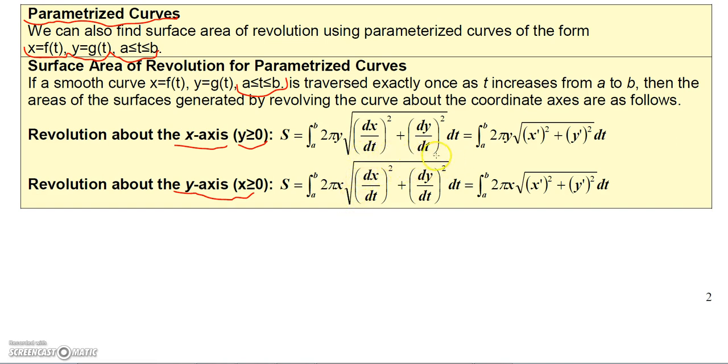Another way to write it is 2 pi x times, again, the same square root expression that I used up here. Okay, so these are formulas that you can use to find the surface area when the curve is parametrized using the variable t.